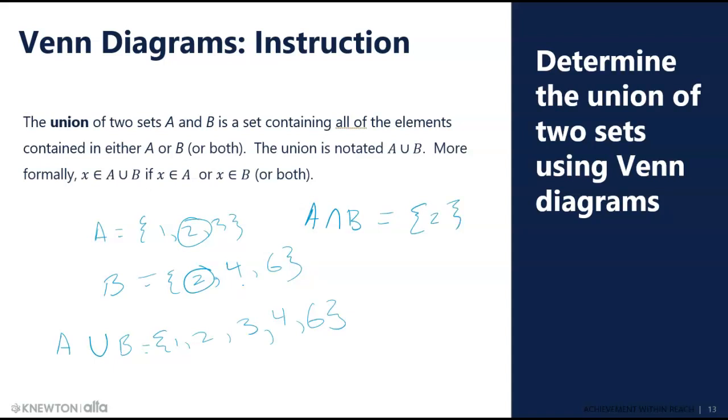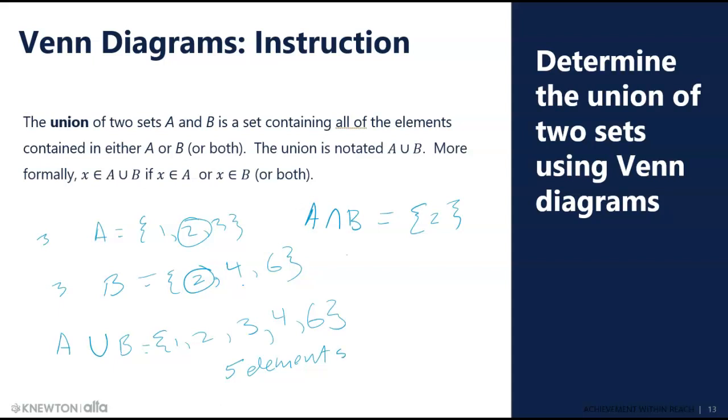Some interesting things come out of this. Look at the union: the cardinal number of A is 3 and the cardinal number of B is 3, but I don't get 6 elements in A union B. I get 5 elements. That is because there is one element in common.